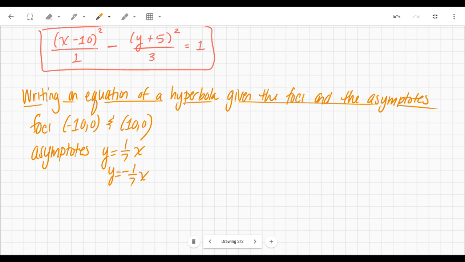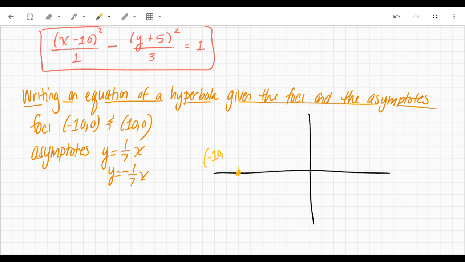Okay, but we'll see. So we can draw in our foci at -10, 0, and 10, 0, not to scale here. Okay, so again, that means that we're going to be shaped like this. And that also means that C is 10.